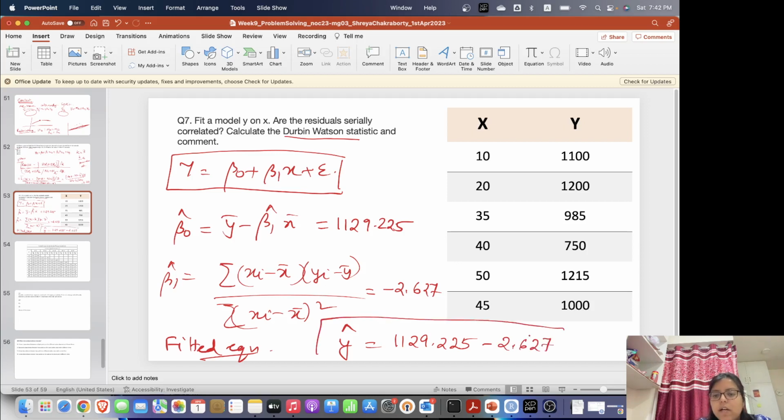Okay, so you can check it. Now we have to find out the Durbin-Watson statistic and comment. So how am I going to do it?